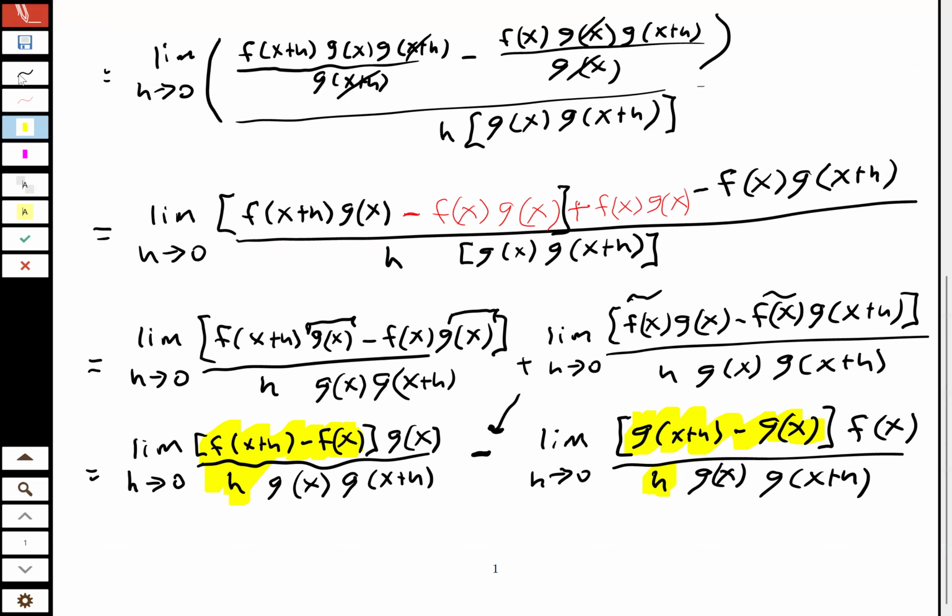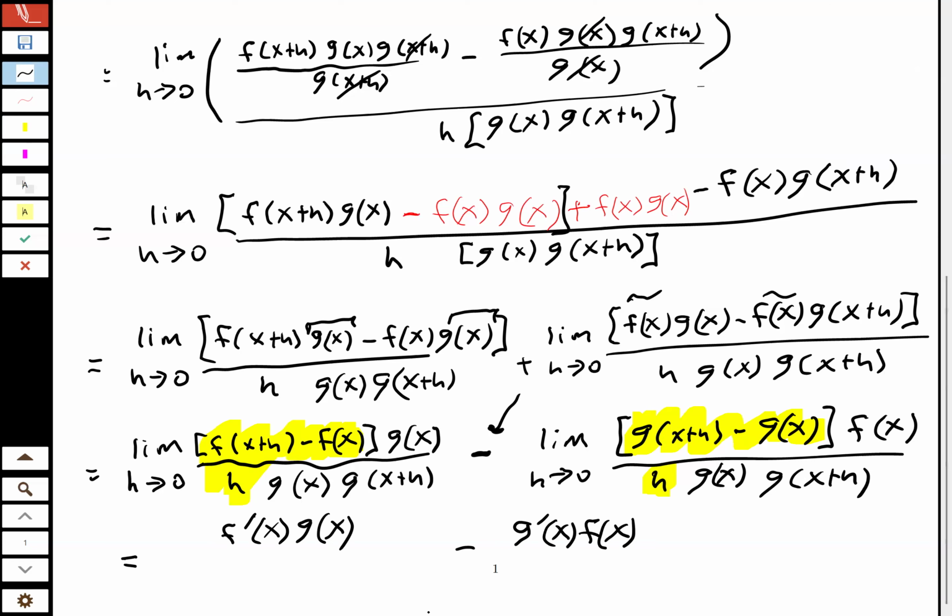So let's write those in with the functions that we have on the top. f prime of x times g of x. And over on this other side, that's g prime of x times f of x.